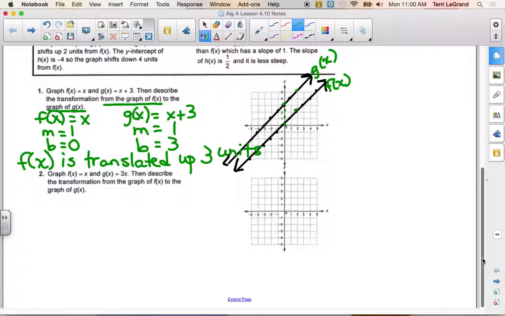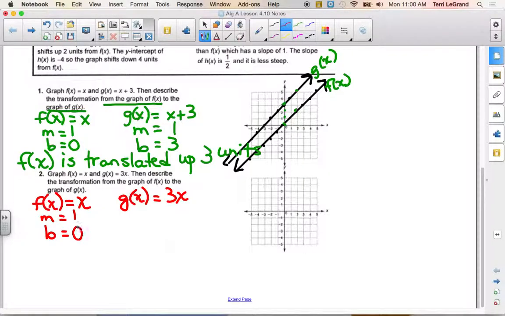Okay, so let's look at number 2. Now we have f of x equals x. What's the name of that one? Parent function. And then we have g of x equals 3x. Well, we know that every single time for the parent function, it's going to be m equals 1, b equals 0.